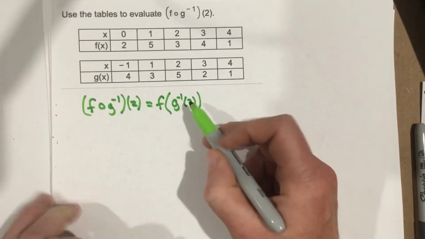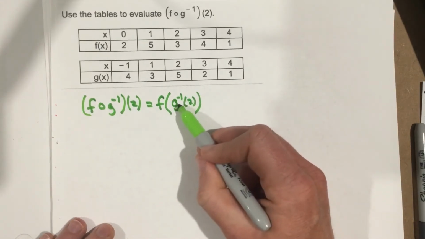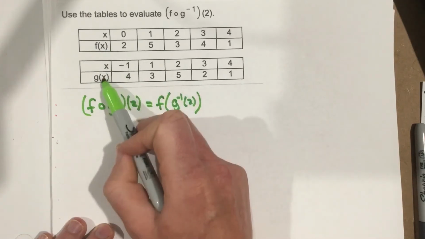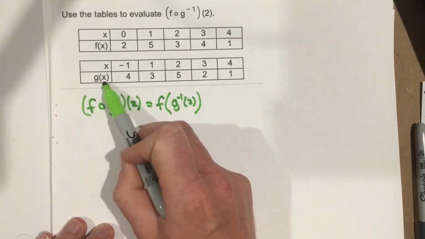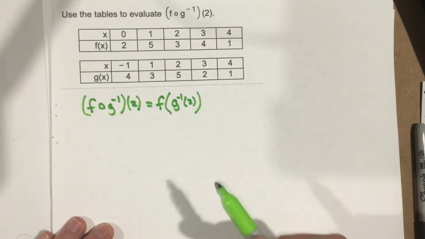So they're saying take 2, plug it into the inverse of g. Well, they don't give us the inverse of g. They give us f of x and they give us g of x. But what do we know about the inverse?